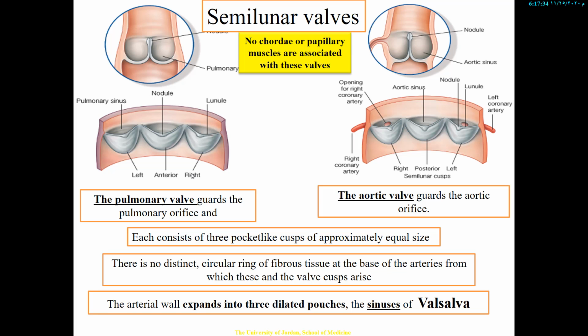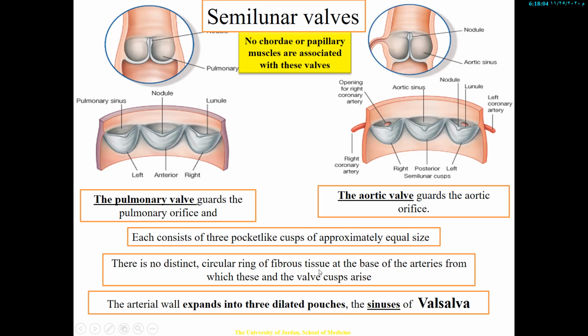The semilunar valves are very simple in their structure. No chorda tendineae, no papillary muscles associated with these valves. The aortic valve guards the aortic orifice, and the pulmonary valve guards the pulmonary orifice. Now, we do also have for each one of them a circular ring of fibrous tissue.